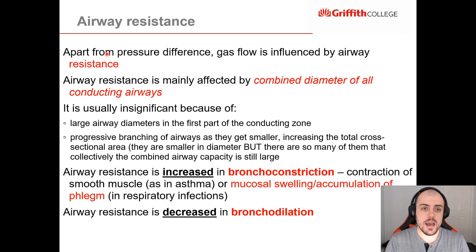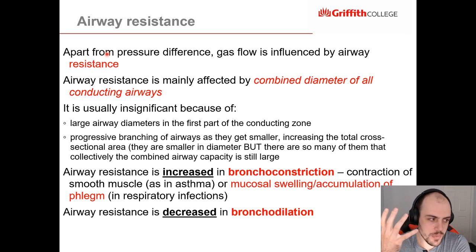With our heart, when we looked at stroke volume and the Frank-Starling law and some of the things that control stroke volume, we looked at different factors that can affect blood flow. One big thing that we discussed in terms of blood flow, pressure and peripheral resistance was the changing of the diameter of our blood vessels.